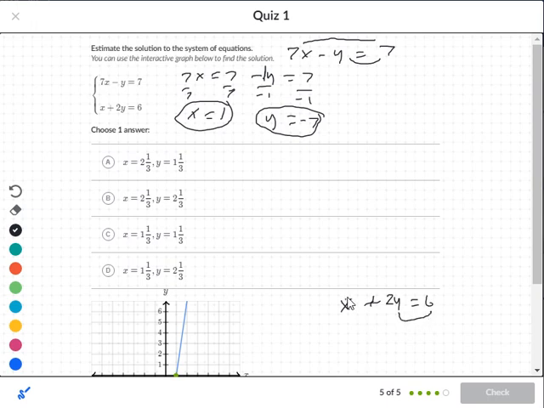So we have the x with the 6, so x is equal to 6. And then you have 2y is equal to 6. We divide this by 2, so y is 3. So x is 6 and y is 3.